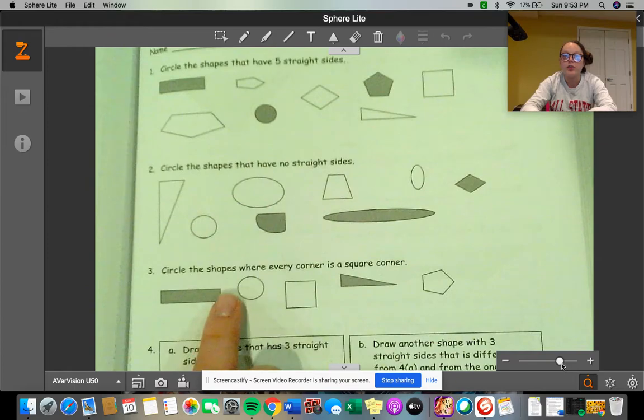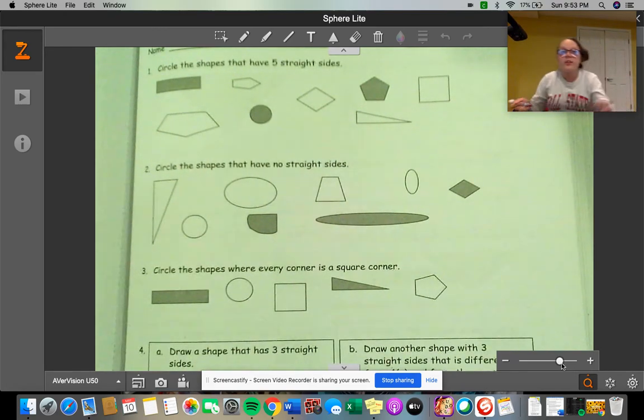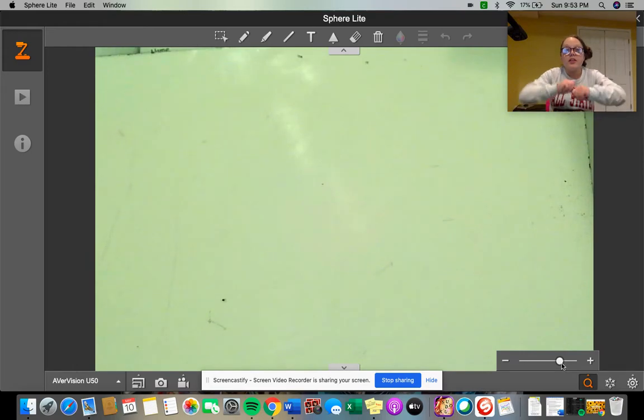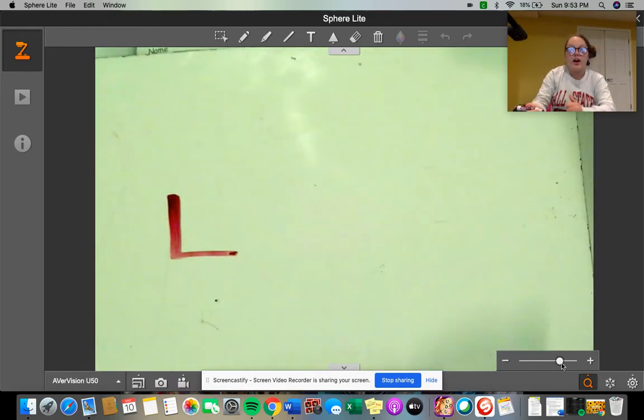And it says circle the shapes where every corner is a square corner. So a square corner is going to be a corner that looks like this. It's going to look like an L. It's going to be exactly straight. You're not going to have it curved.